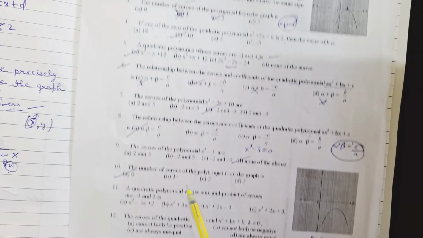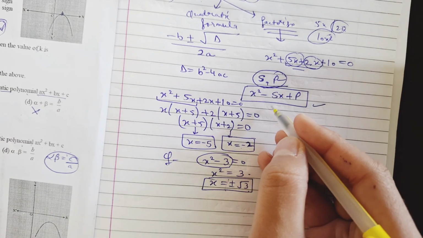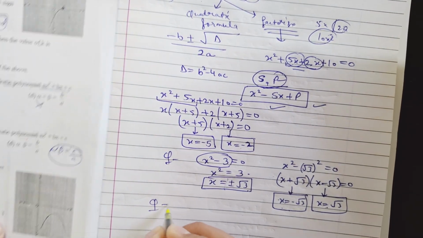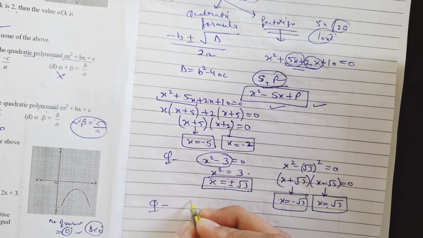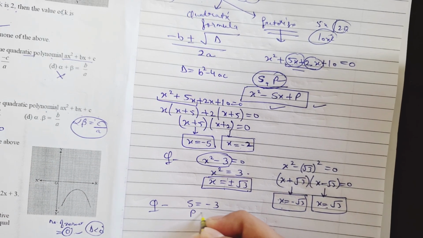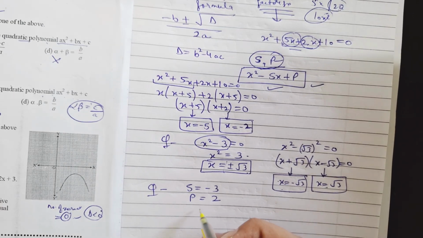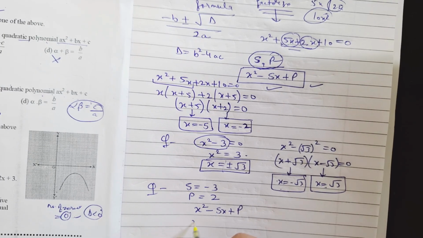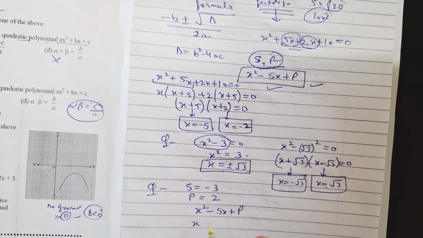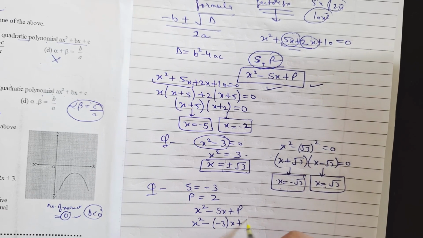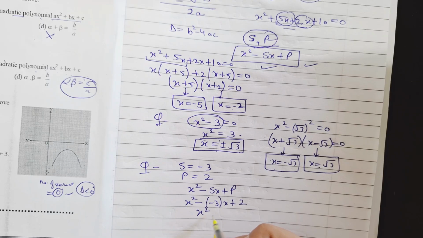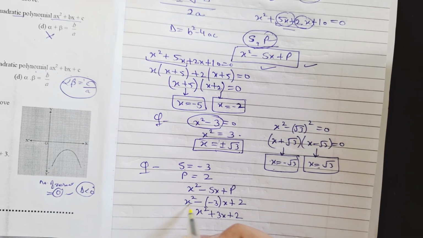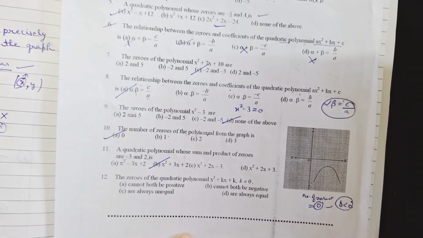This is the same condition which I explained earlier, the form x square minus Sx plus P. What it is saying is, we have to find the quadratic polynomial if the sum is minus 3 and the product is 2. So we know that the quadratic formula will be x square minus Sx plus P. Now we will put the values of S and P. Sum is given minus 3, so minus S x is plus 3x, plus the product, which is 2. So the quadratic polynomial will become x square plus 3x plus 2. This is your answer. Second option is the correct option.